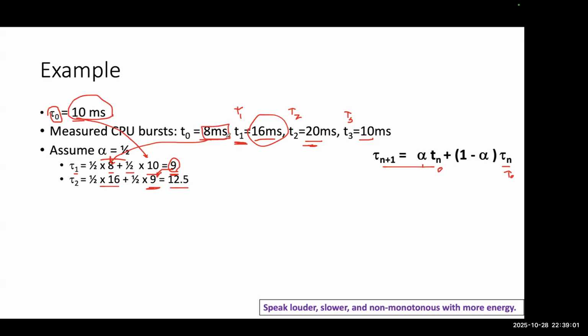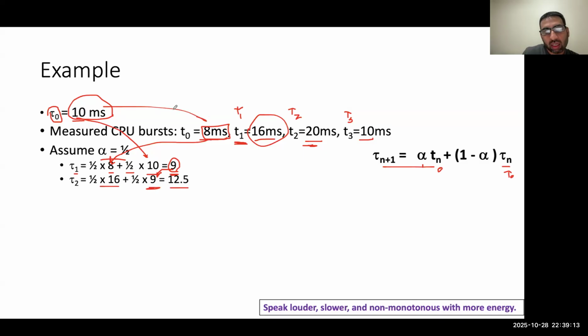So we make an estimate, we run it, and then we compare the results. We found that it actually took 8 milliseconds for the first burst, not 10. But now, once we have these two things, T0 and tau 0, based on this formula you can find tau 1.